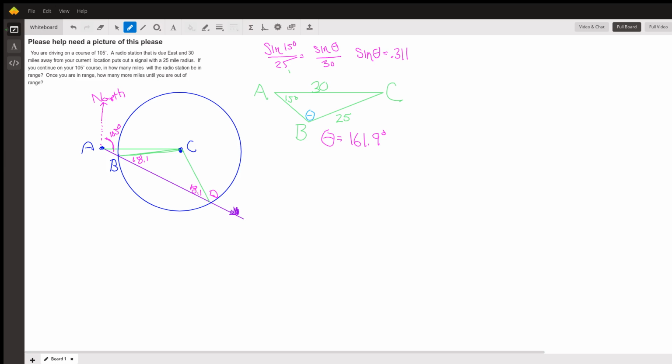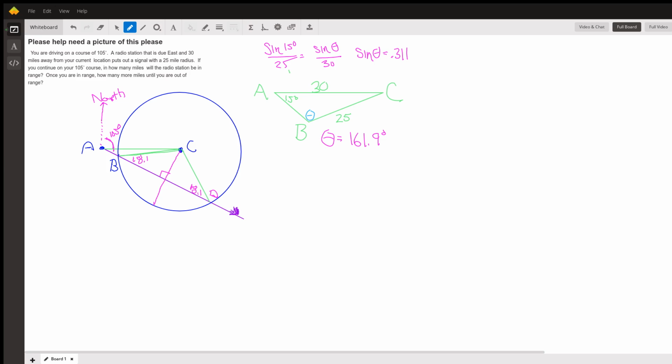I'm going to drop a line down, a radius down from the center, and it's going to meet our car path at a right angle. And this is a geometric property: if you drop a radius through a chord, BD is a chord, and if it meets that chord at a right angle, it in fact bisects the chord. And conversely, if you drop the radius down from C and it bisects the chord, it in fact meets at a right angle.